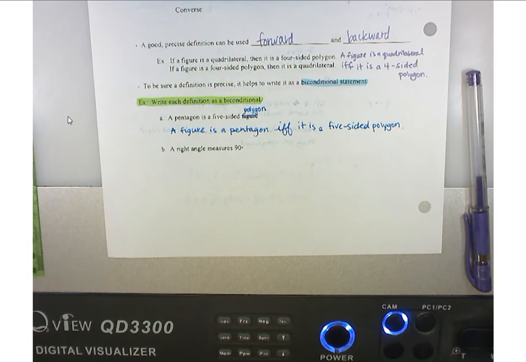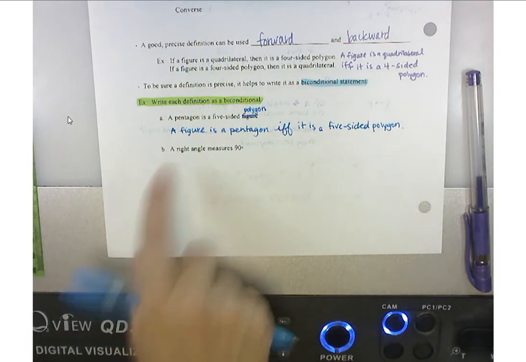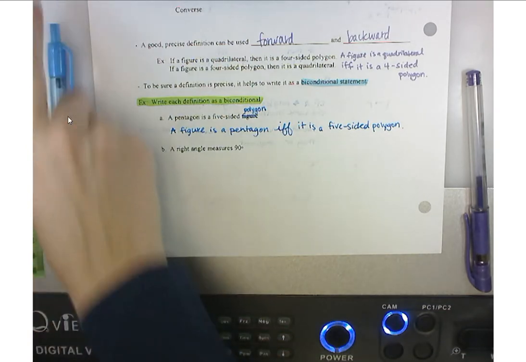Okay, and then the next one says a right angle measures 90 degrees. So go ahead and see if you can write that with your if and only if.